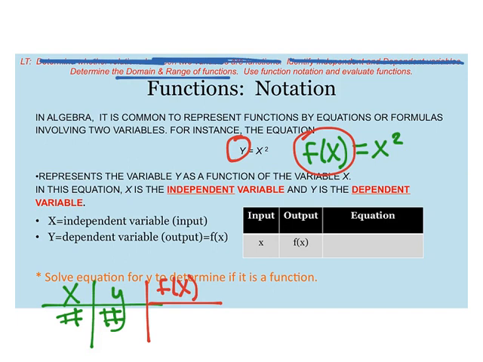So if I plugged in 2 to this function or this equation, 2 for the x value, well, if I plug that in, it would be 2 squared. 2 squared is 4. That would be the y value, or what f of x equals when I solve that out.